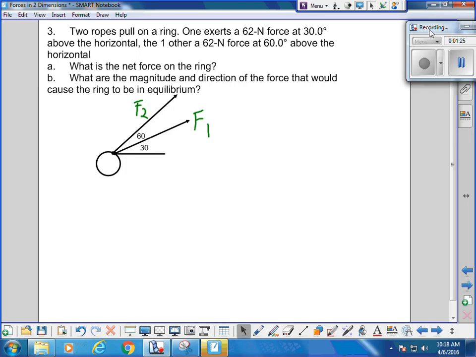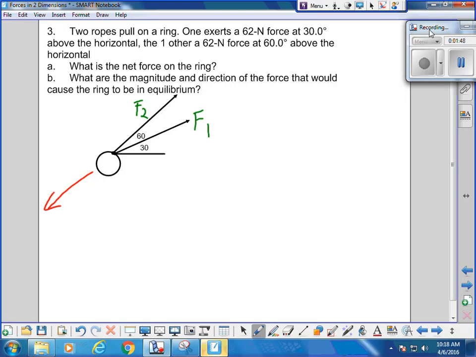Just looking at the diagram itself, what direction would the equilibrant be? Something like that, and it would actually be a fair bit longer, right? Because it's got to balance those ones off. I just ran out of space there. So yes, it would be like that.